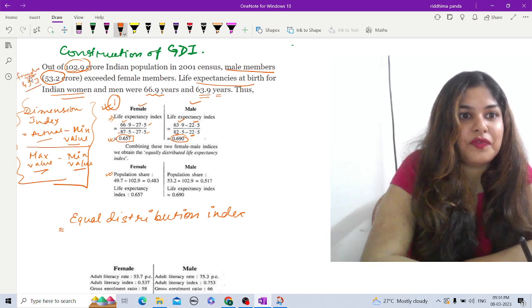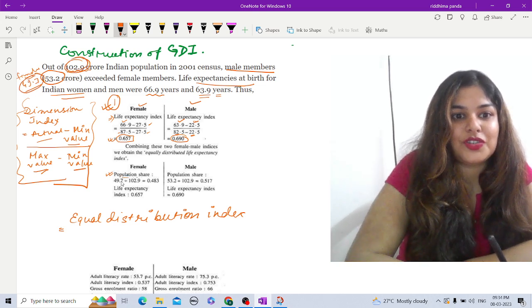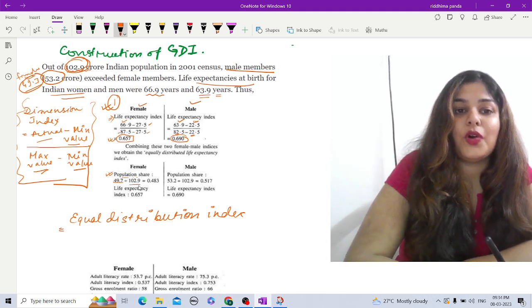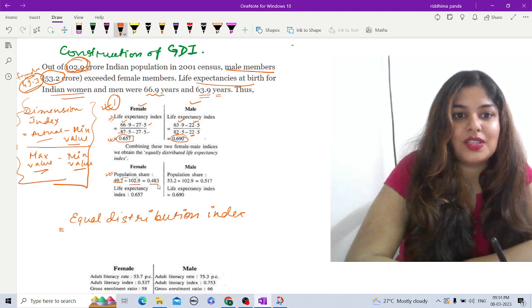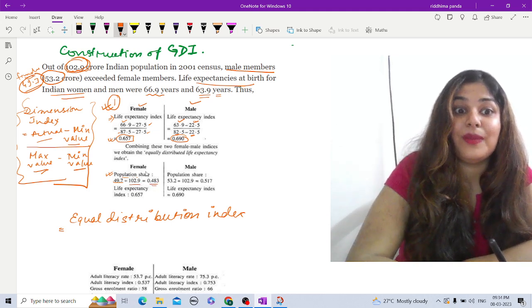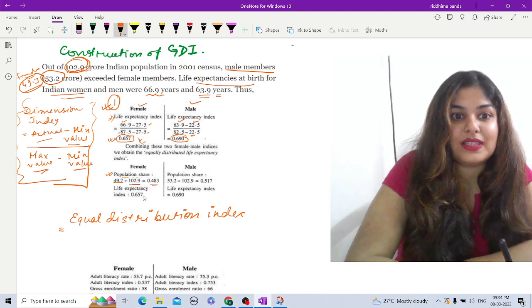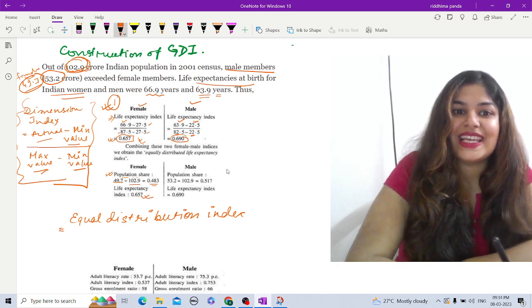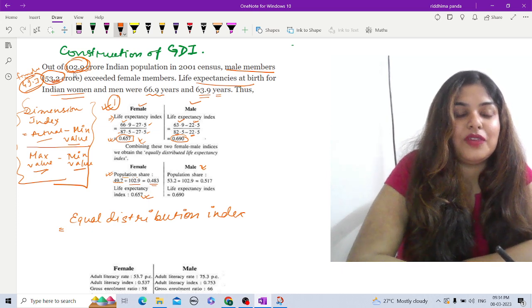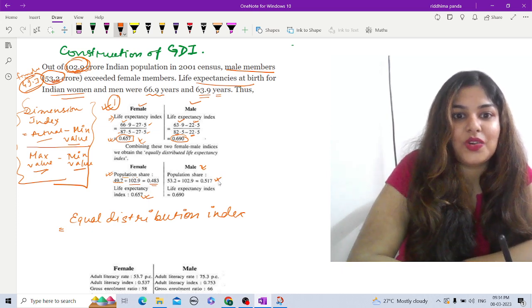So what is the proportion of female out of the population? Here is our population share, that is 49.7 divided by 102.9, in crores. This is 0.483, the female share in population, and as calculated above, this is our life expectancy index. Similarly for the male, the population share is 53.2 divided by 102.9, so that is 0.517, and the life expectancy index as calculated is 0.690.